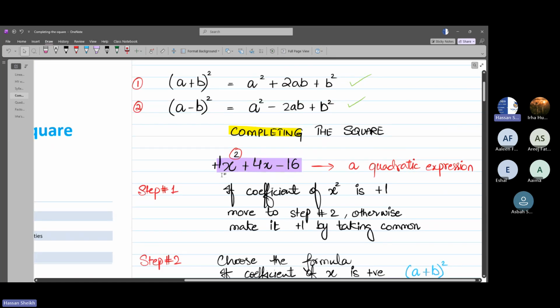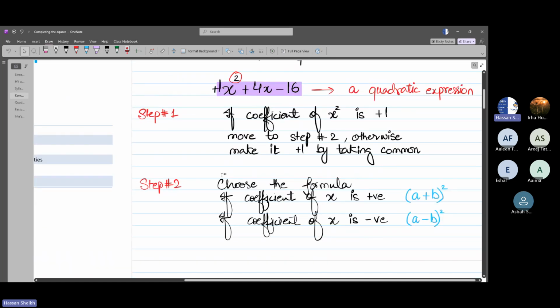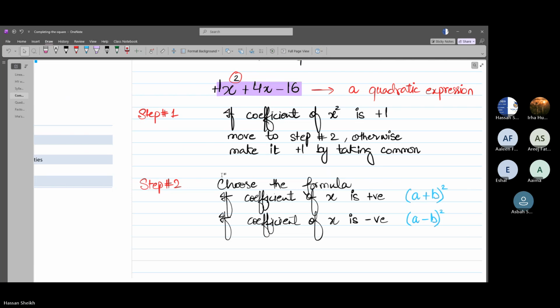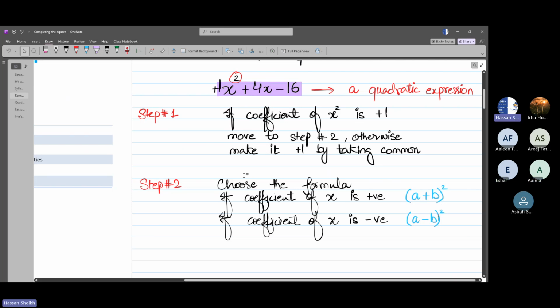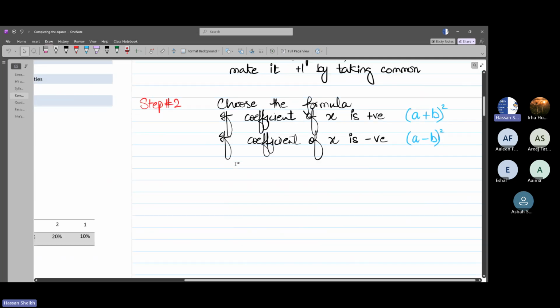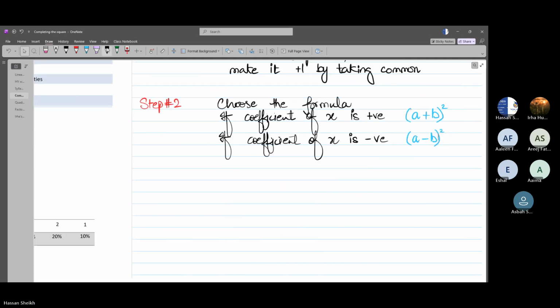Now check, in the purple equation, what is the coefficient of x? Positive 4? Okay. So let's start applying this formula.